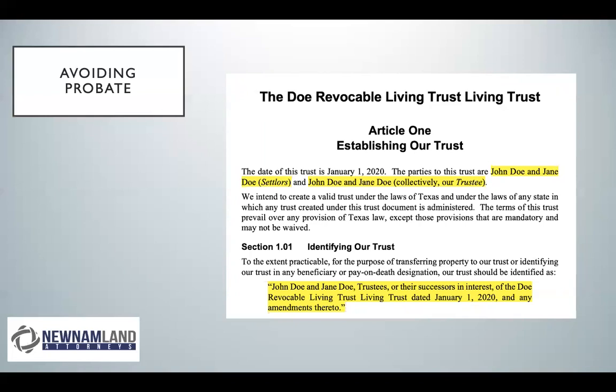Upon your death, your trustee takes control of those assets that are already titled in the trust name. So he doesn't have to go to the court to have stuff retitled into the estate's name. And then he can distribute or manage according to the terms of your trust.